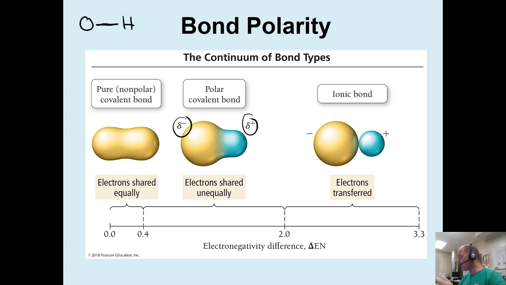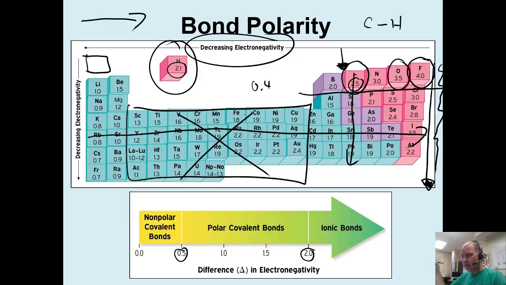Now, if the difference in electronegativity is rather large between two elements, especially if you have a metal and a nonmetal, that electronegative element is so strong compared to the metal, which is very weak. In fact, if you look at the periodic table and you look at the metals over here, you see that they have very low electronegativities.